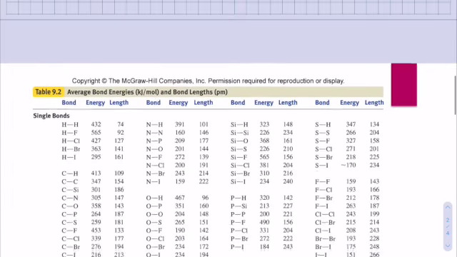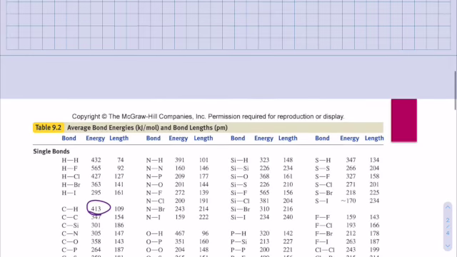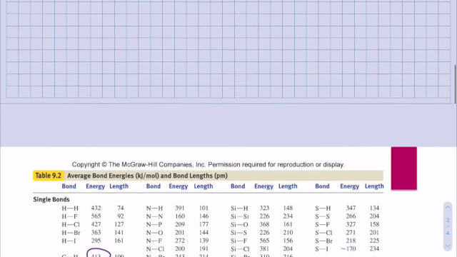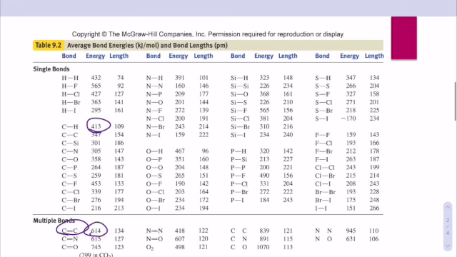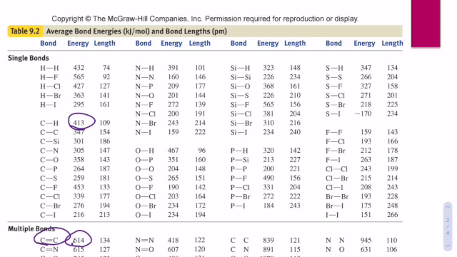The carbon-hydrogen bond energy is 413 kilojoules per mole, and again, we have 4 of those. And the hydrogen-bromine bond energy is 363 kilojoules per mole.